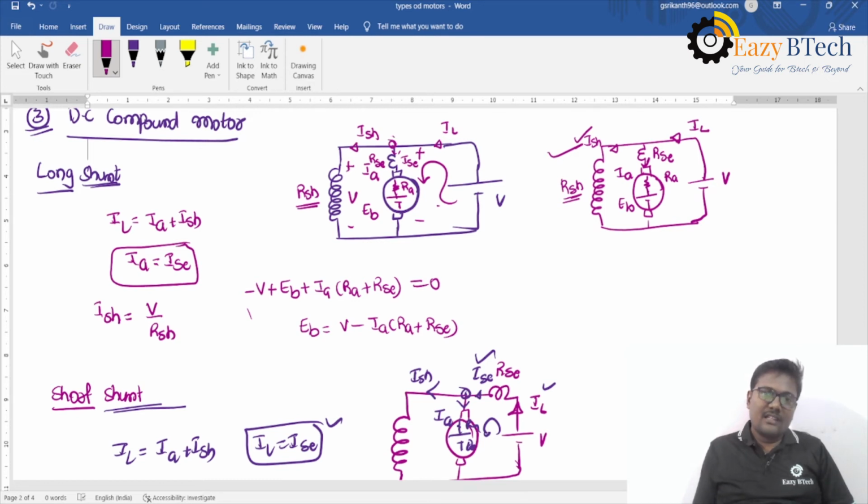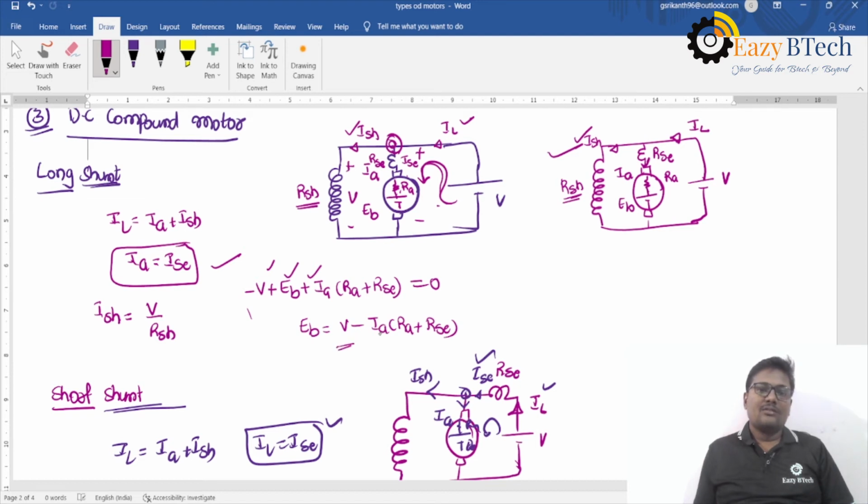If you apply KCL at this node, IL is equal to IA plus ISH, but IA and ISC are the same. If you apply KVL to this first loop, minus V plus EB plus IA into, I have two resistances, one is armature resistance and another one is series field resistance, RA plus RSC, is equal to 0.